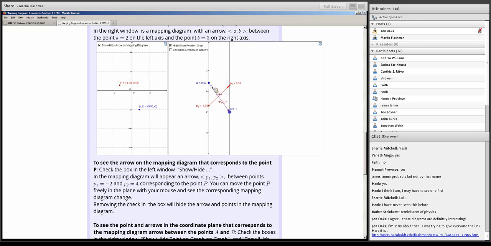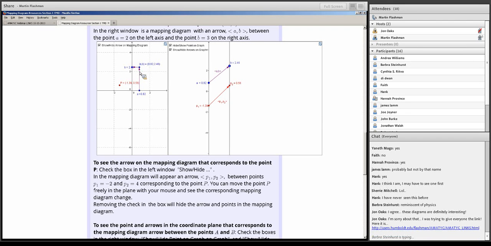And one other feature I'll point out here is I'll put in the arrows that actually show the connection from the input to the output here in the y-axis. So this is a connection that's very tight in the geometry of the Cartesian plane, that one point represents two pieces of data.